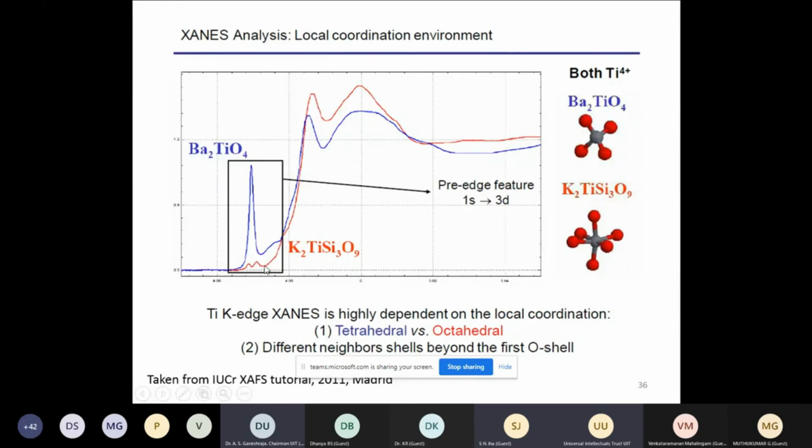That is a highly symmetric case, so there is less distortion in the geometry, and therefore you can say it is octahedral. So this is an example to show how the local environment can be fingerprinted by seeing the XANES spectra.